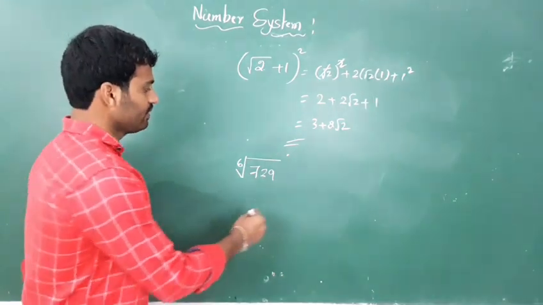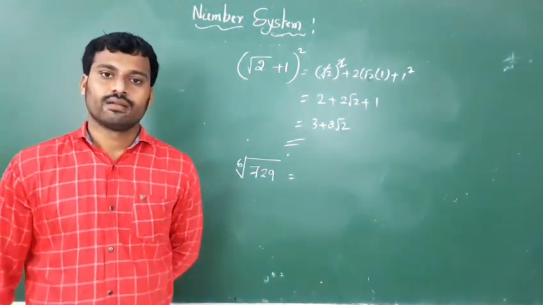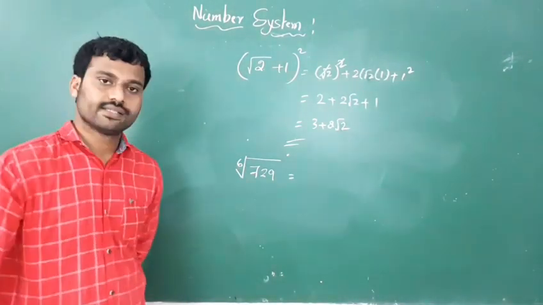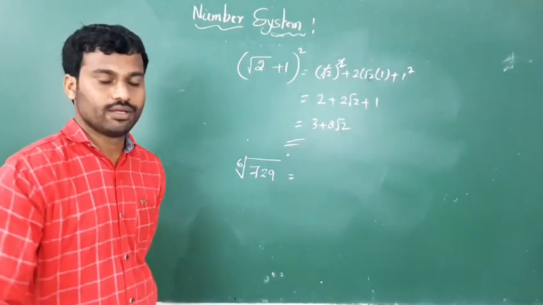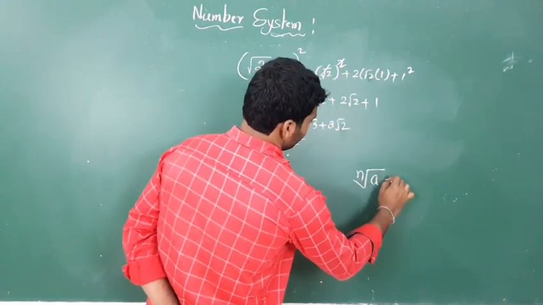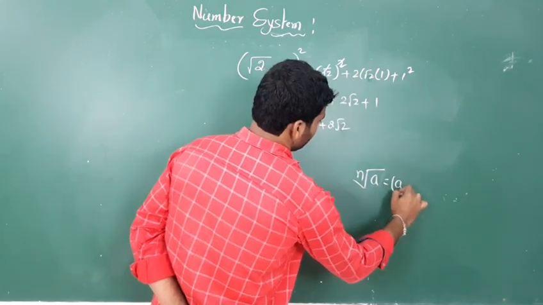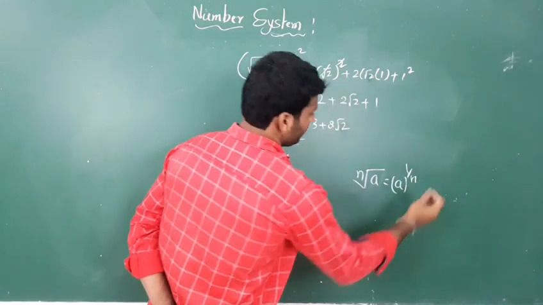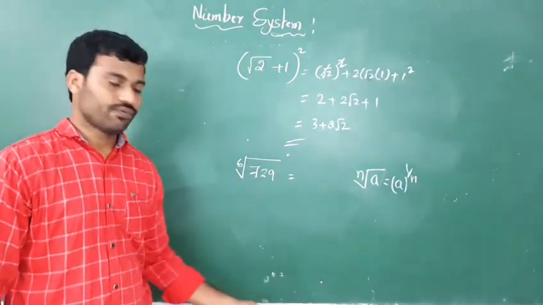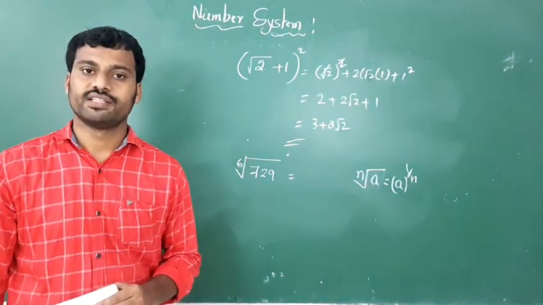So how to find this? Before this, I'll tell you one thing. See, the nth root of a can be written as a to the power of 1 by n. You should know this formula. If you know this one, you can easily simplify this.